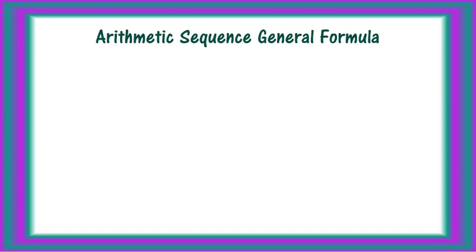The general formula of an arithmetic sequence gives us the power to find any term in a specific arithmetic sequence. So we're going to look at what the general formula is, and from that we're going to investigate each component. The formula is a sub n equals a sub 1 plus d times the quantity n minus 1.